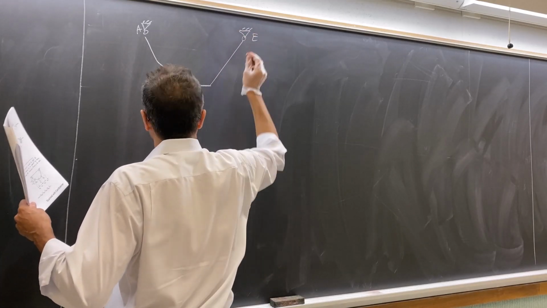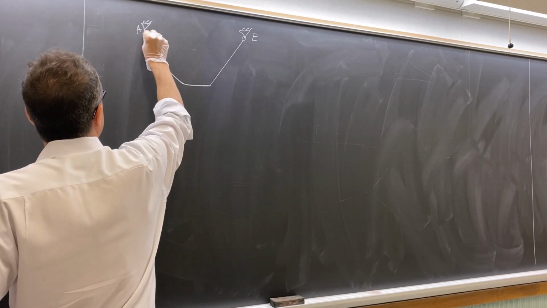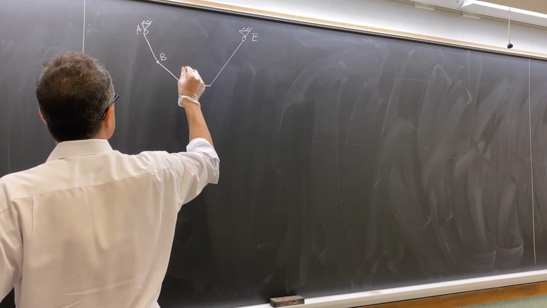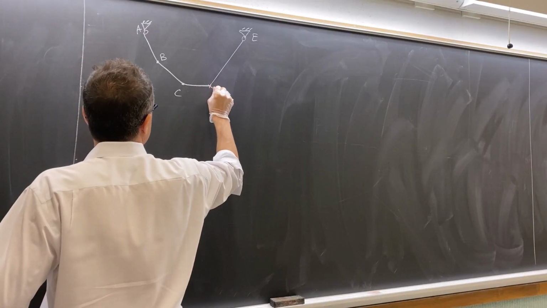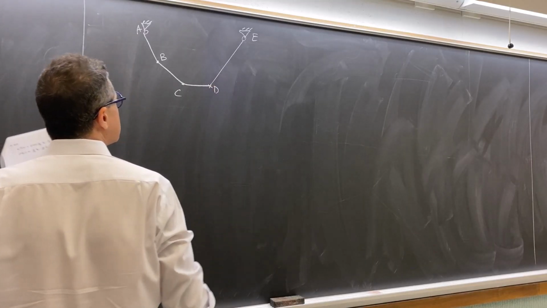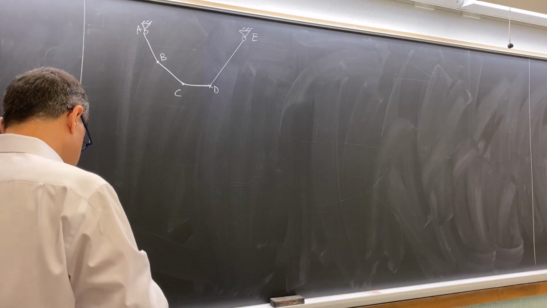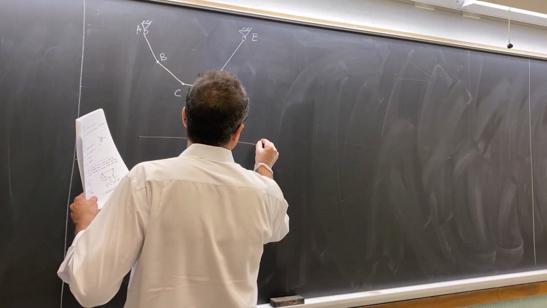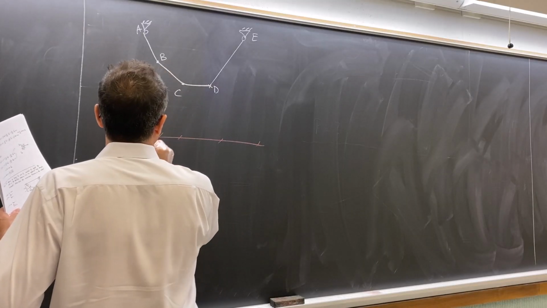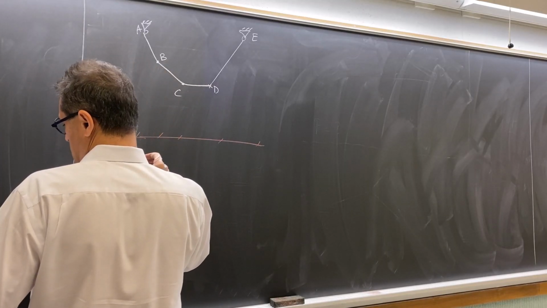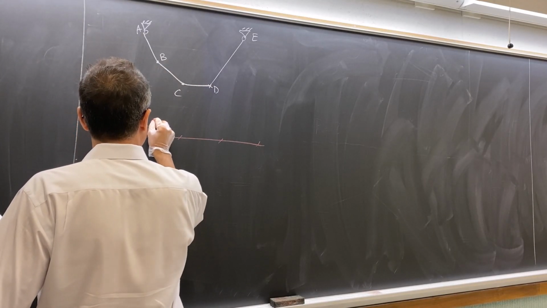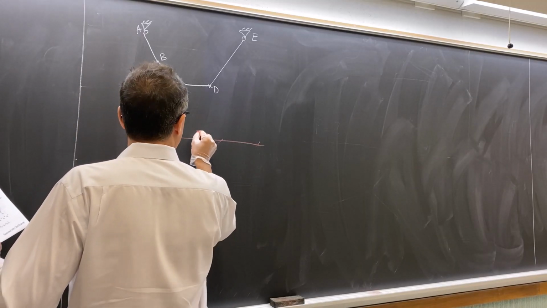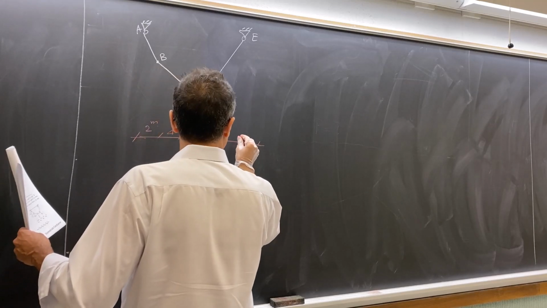A, E, this point is B, this point is C, and D. A, B, C, D. The geometry is given: 2 meter, 4 meter, 5 meter, and 4 meter.